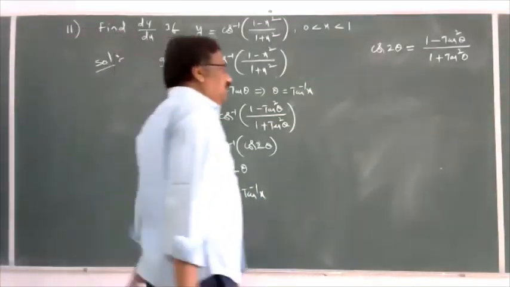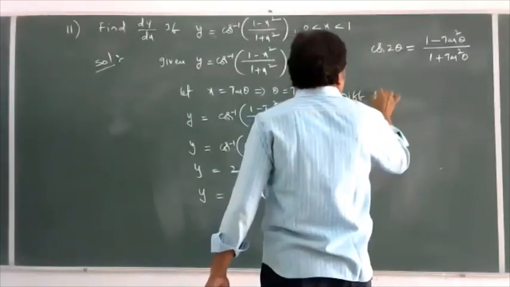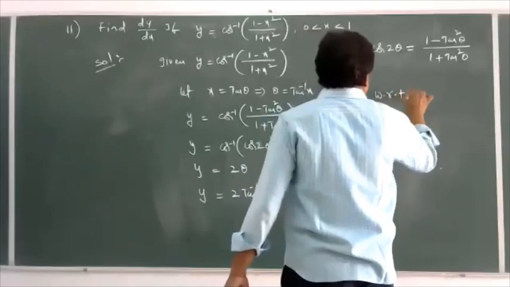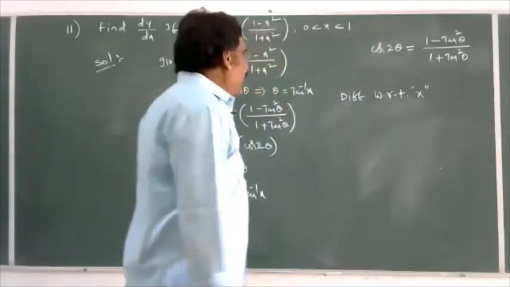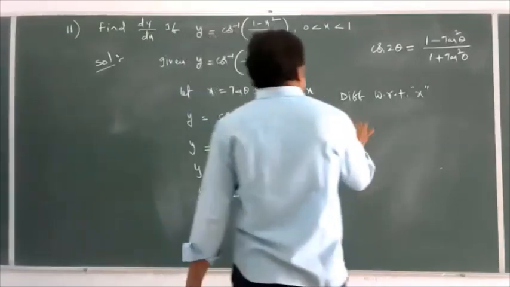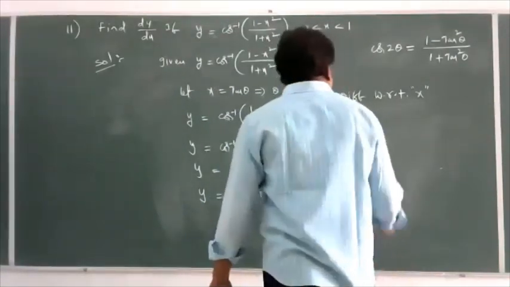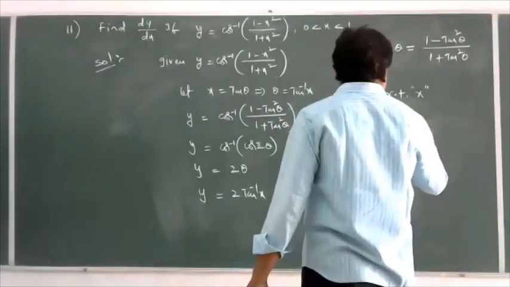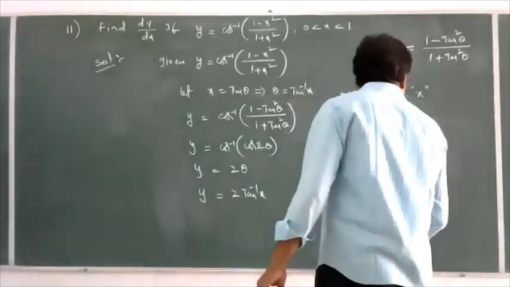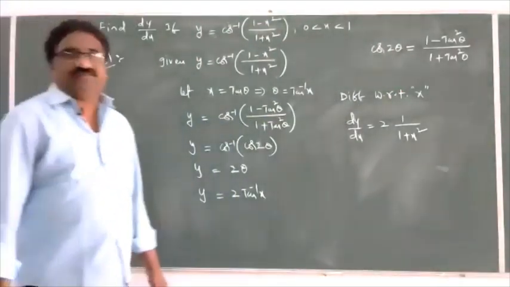Then differentiating both sides with respect to x, dy by dx is equal to 2 into the derivative of tan inverse x, which is 1 by 1 plus x square.